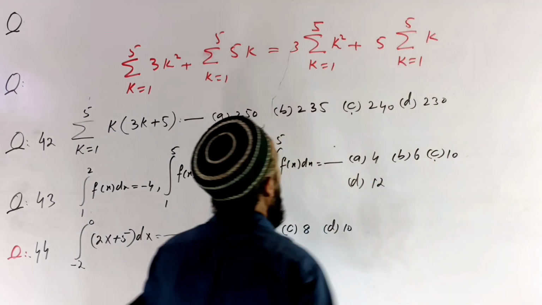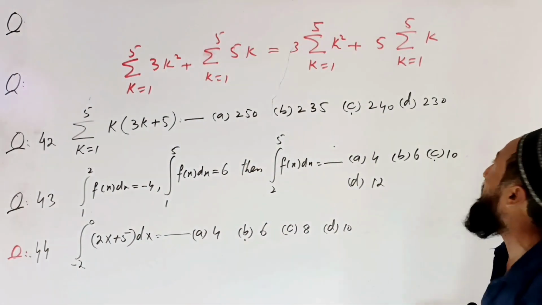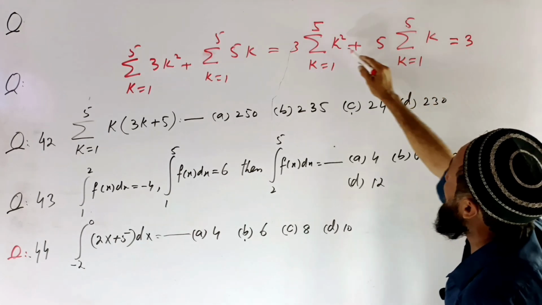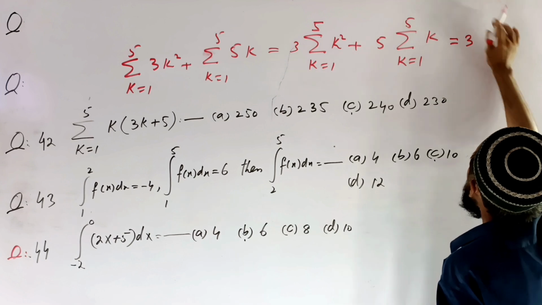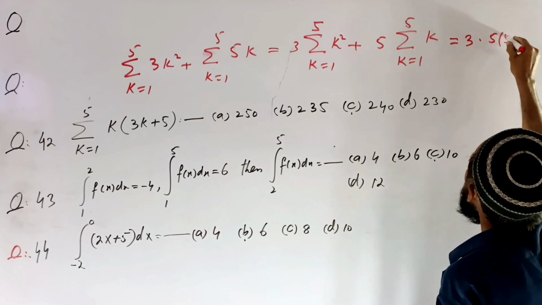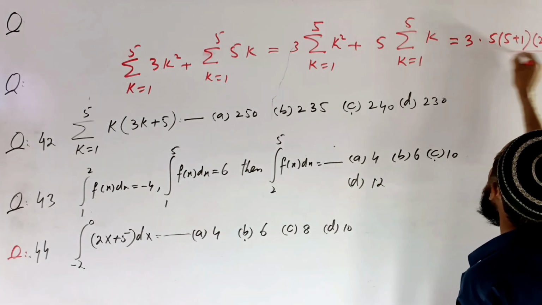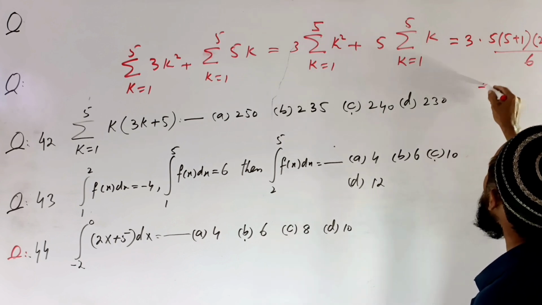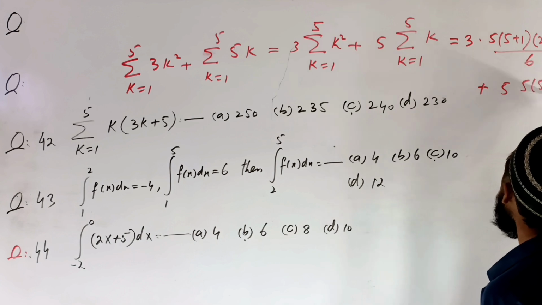Now we use the formula of summation k², n into n plus 1 into 2n plus 1 divided by 6, and in the place of n we put here 5. And also we get here plus 5, n into n plus 1 divided by 2.